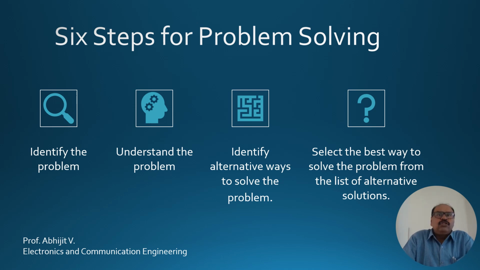We have created a list of all possible solutions, and we'll analyze each and every possible solution, and based on the analysis, we'll select the best solution for the problem.